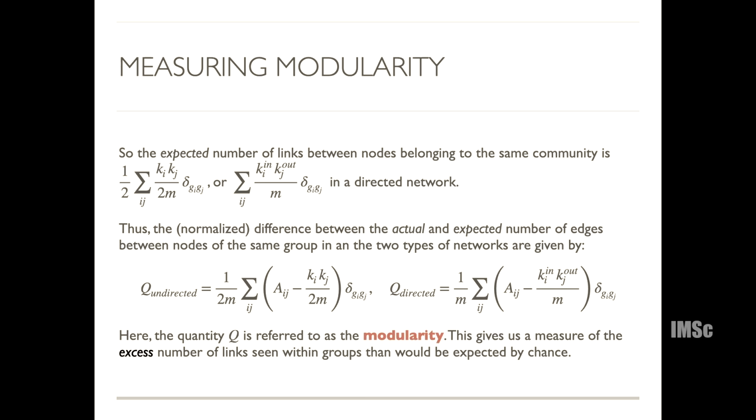So what this measure is going to tell me is the excess number of links seen within a group than would be expected by pure chance, right?